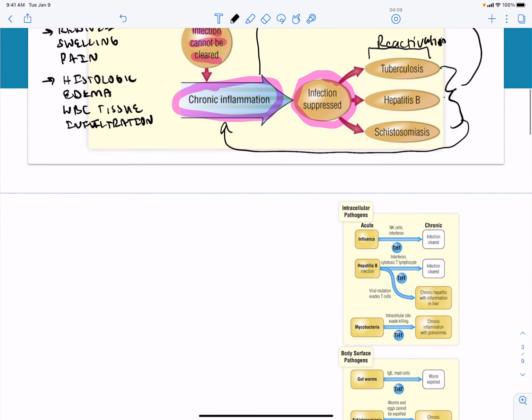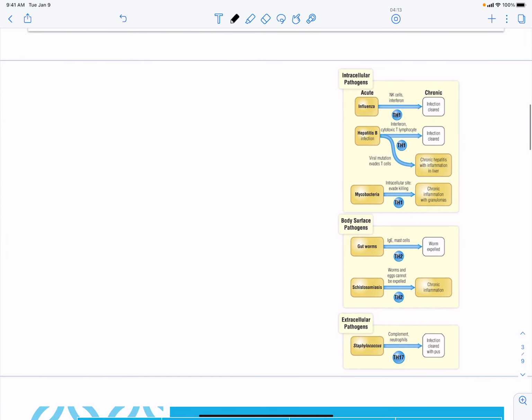Now, let's just talk about some of our potential outcomes. So we have here an intracellular pathogen, and our intracellular pathogens are, of course, going to require our Th1. And we can have an acute infection, such as influenza. This is acute, always acute, never chronic.